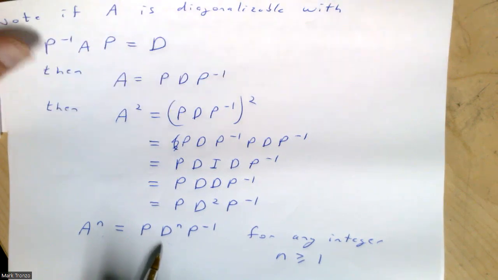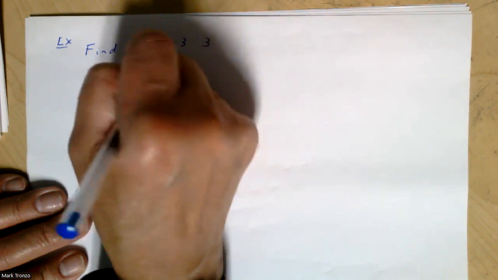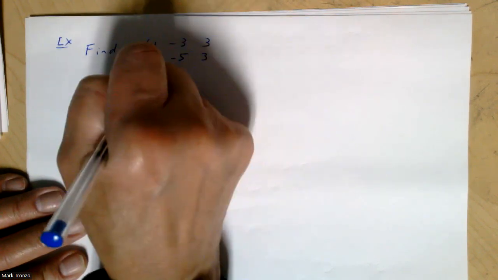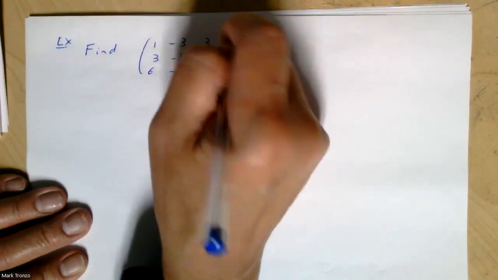And so once again, let's look at that same example that we've been using: the matrix with rows 1, minus 3, 3; 3, minus 5, 3; 6, minus 6, 4. Let's say we cube that.